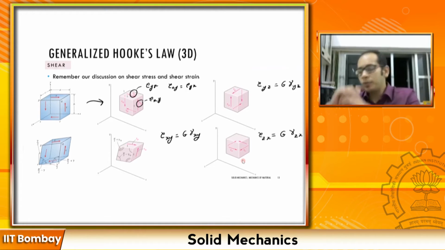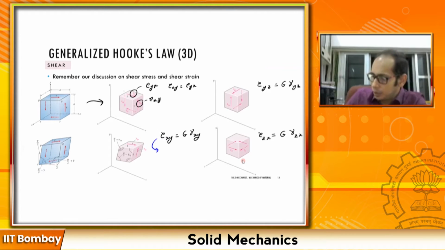So what we just did was that we wrote the expression for the stresses. So the expression for the strains is simply going to be gamma xy equals tau xy by G, right?